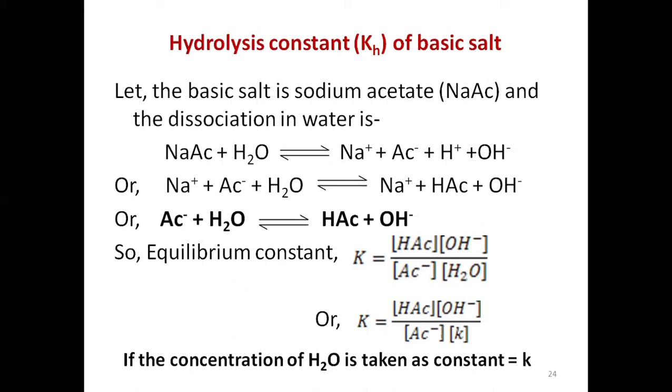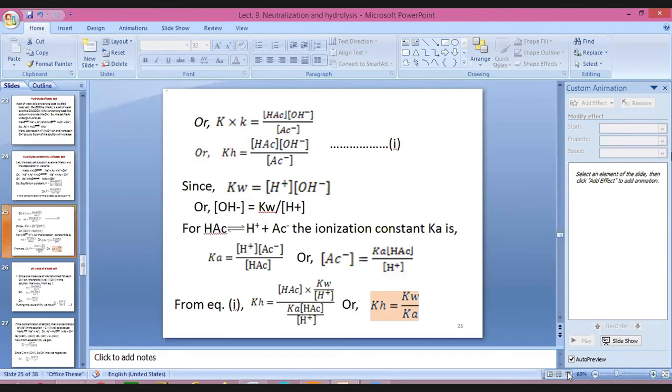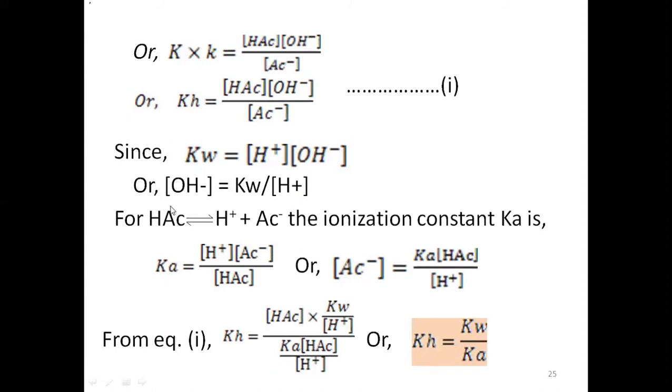We can write the concentration of water is constant, so K into concentration of water equal to K. And since we know that Kw equal to proton ion concentration into hydroxyl ion concentration, so we can write hydroxyl ion concentration equal to Kw by proton ion concentration.